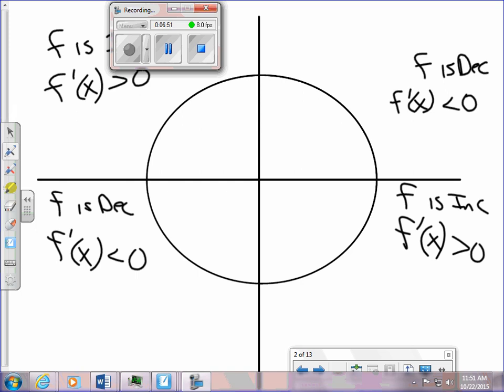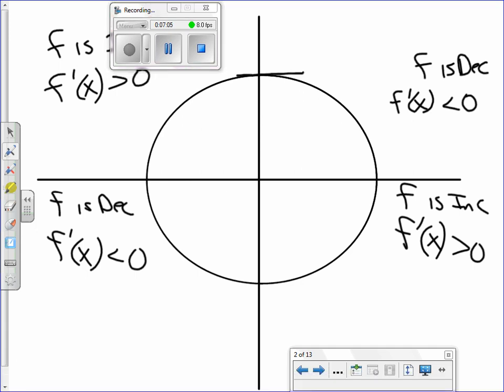We know the first derivative here is negative in the first quadrant. And I need you guys to make up some values for me, or else it's hard to do this. Make up what the slope is right here. 0. That one's not too hard. How about over here? Just make up a number. Negative 2.